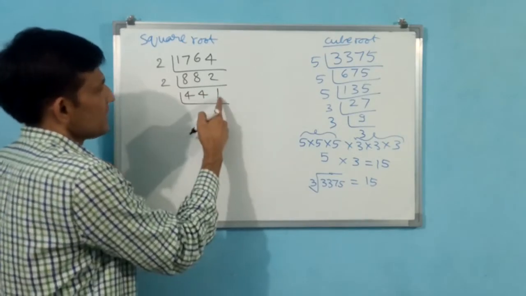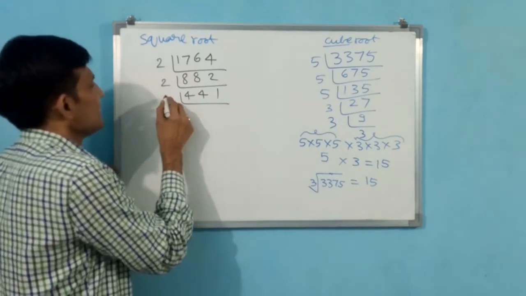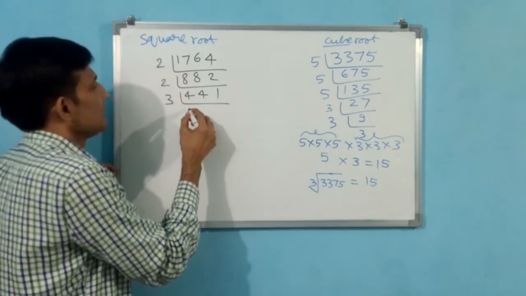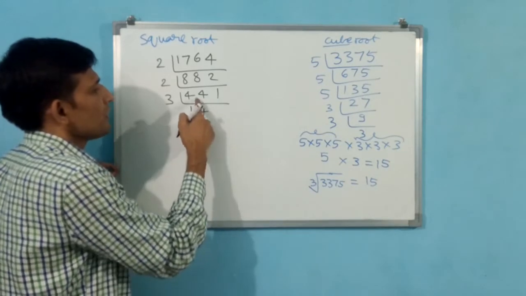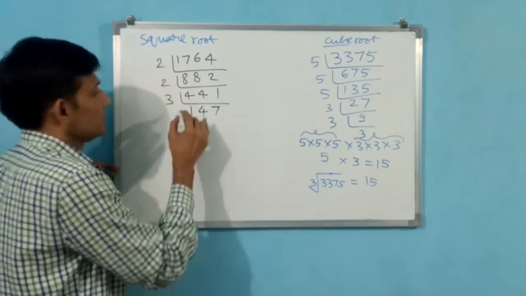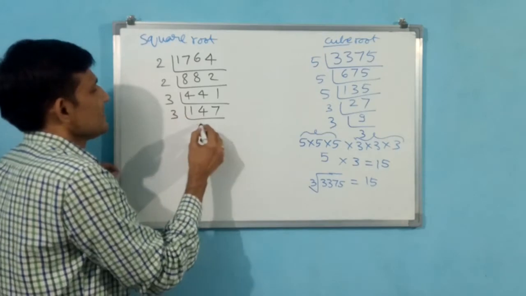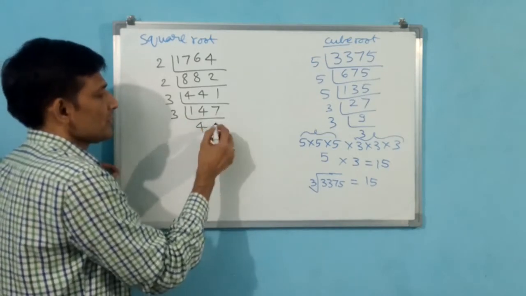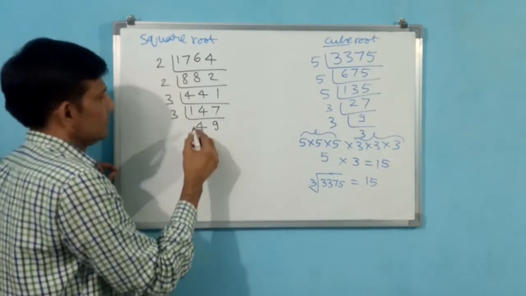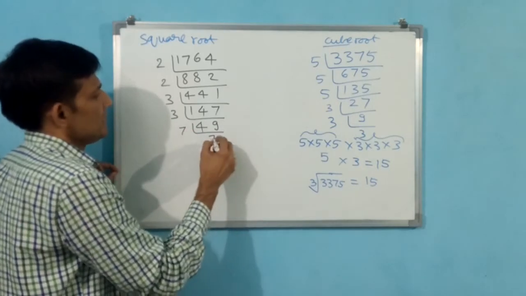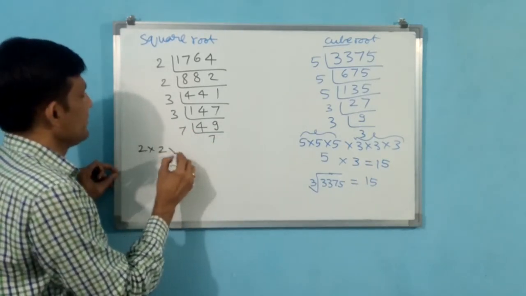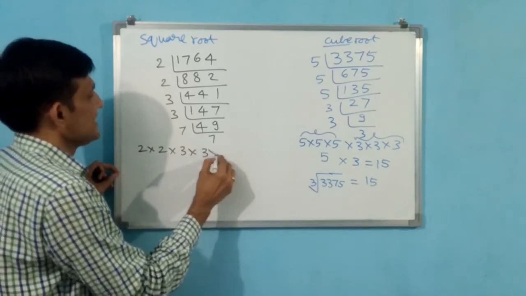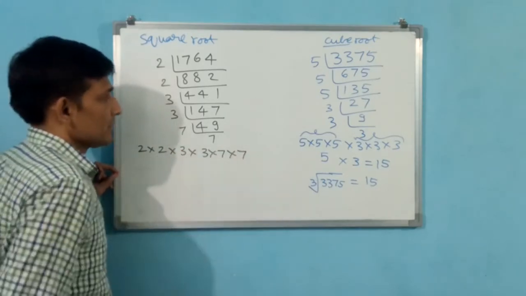Now 4 plus 4, 8, 1, 9. 9 means 3. 3 can be divided. 3 1s, 14, 3 4s, 12, 21, 3 7s. 3 4s, 3 9s. 7 7s. Write all factors. 2 into 2 into 3 into 3 into 7 into 7.